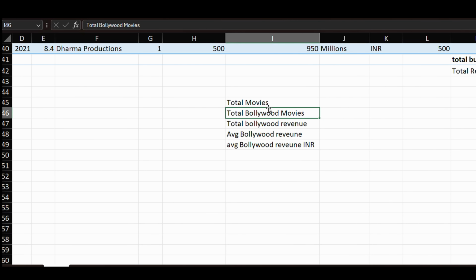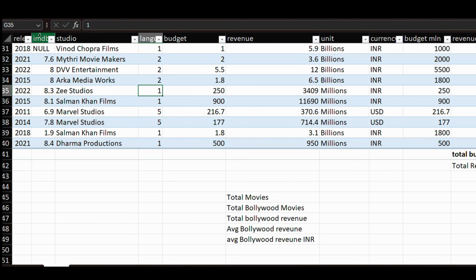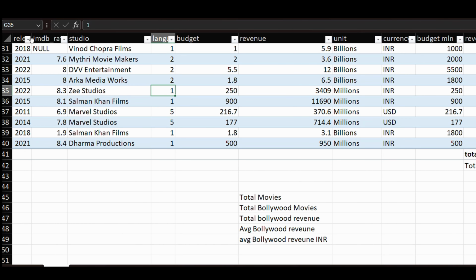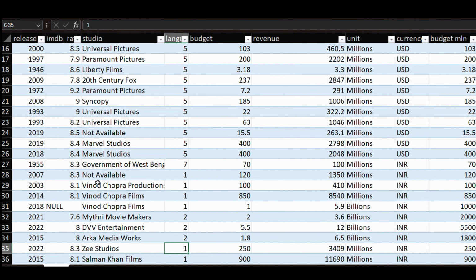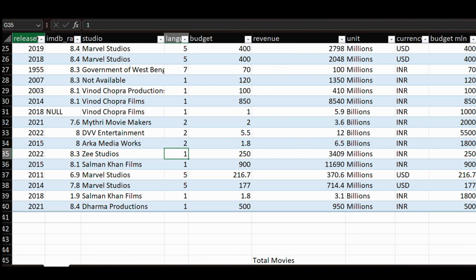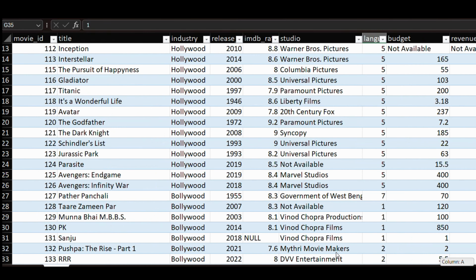First one is total movies. So you have to find the total movies. How many movies are there? How do you get the total movies? Just take the release year. This is the movie title, right? Now you can count.